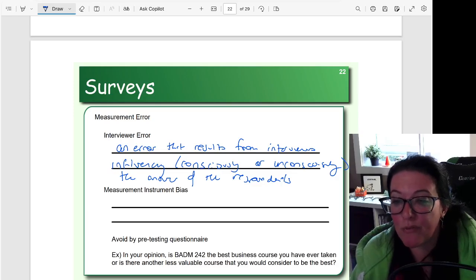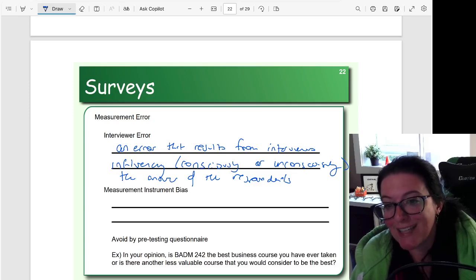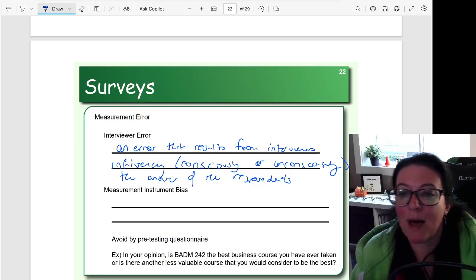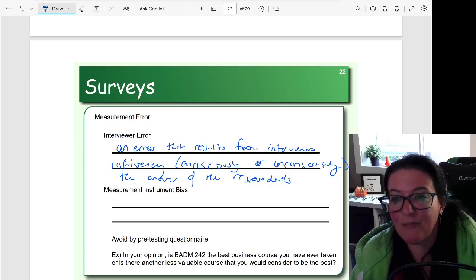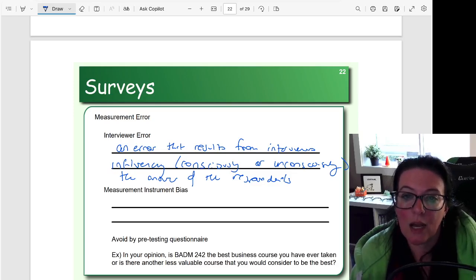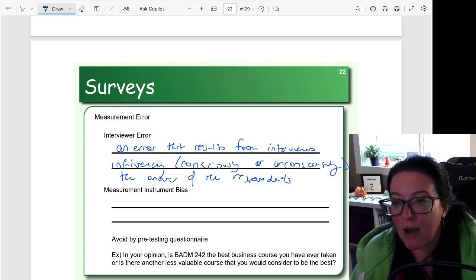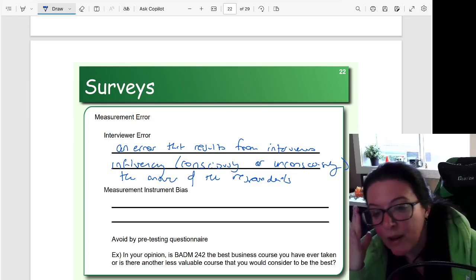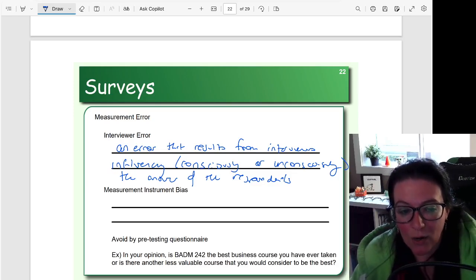And then go even further where computers are telling the interviewers which question to ask, which words to use to help in terms of reducing that bias, that amount of influence that the interviewer is having on the respondent. Another way to deal with interviewer error is to use more of a self-administered or an online survey where there is no interviewer at all.